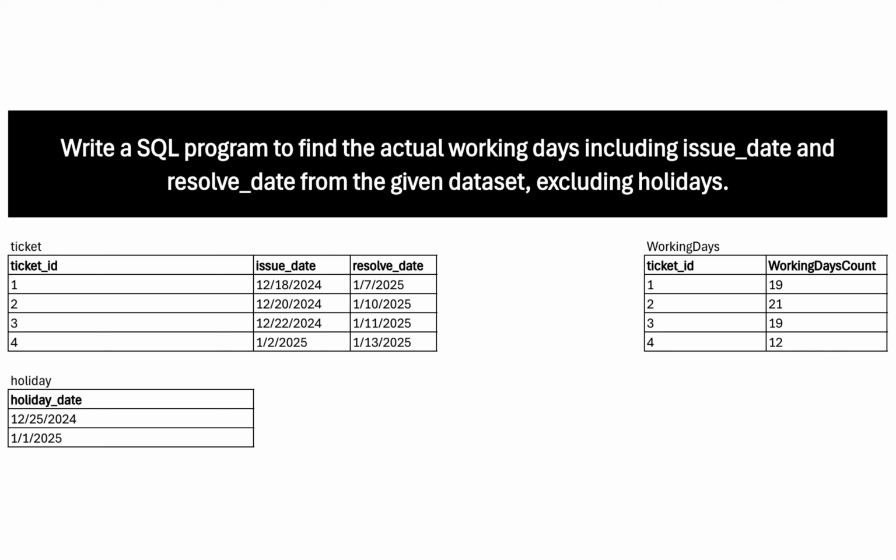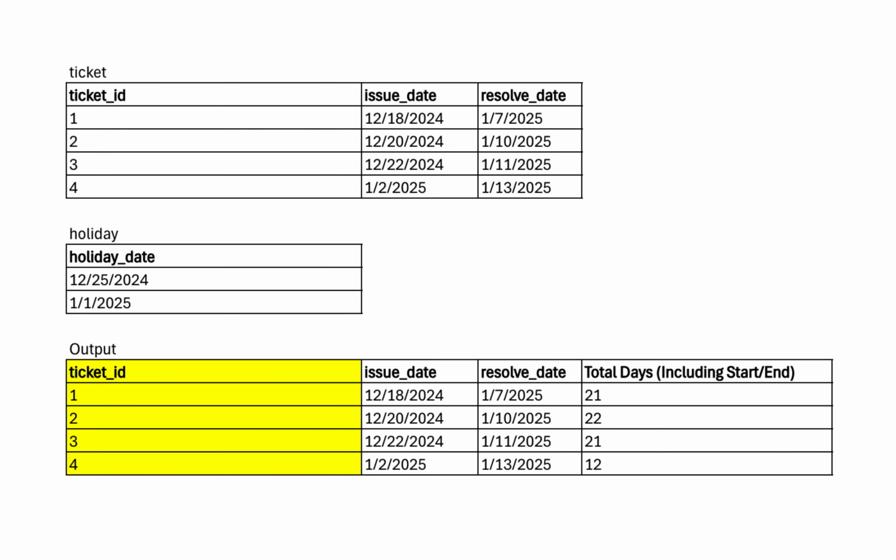To solve this problem, let's first calculate the total number of days including issue date and resolve date without these holidays. So in this output dataset, we have created one variable called total days including start and end. That means to get these days, we can do resolve date minus issue date plus 1.